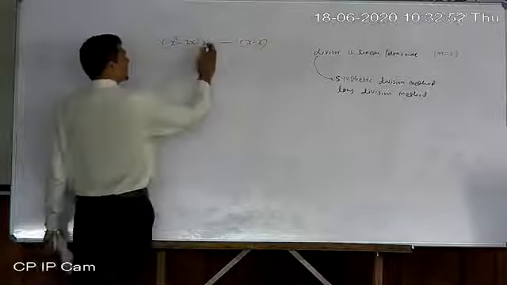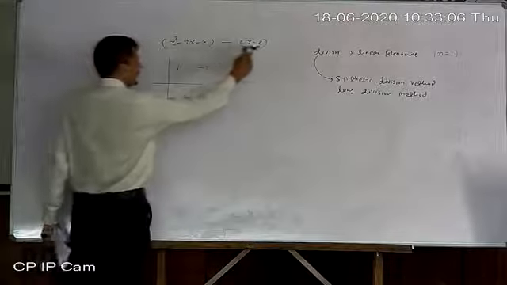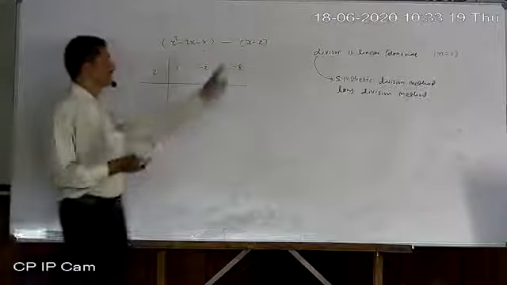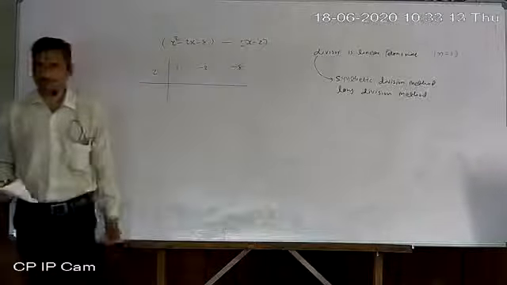You just write the coefficients of the dividend: 1, minus 2, minus 8. Now write the zero of the divisor. Zero of the divisor means you equate the divisor to 0 and find x. So write the zero of the divisor only.